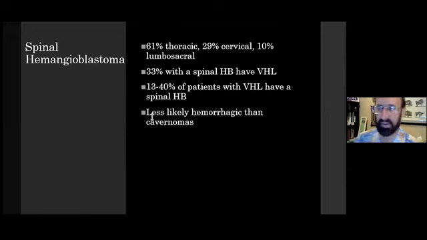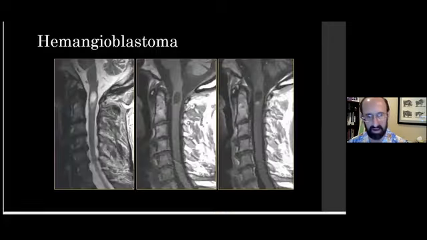This was not spinal hemangioblastoma. When you see spinal hemangioblastomas, we remember the 1/3 rule, and that is that 1/3 of patients with spinal hemangioblastomas have von Hippel-Lindau disease, and 1/3 of patients with von Hippel-Lindau disease will have a spinal hemangioblastoma. They usually don't show the hemorrhage like the cavernomas.